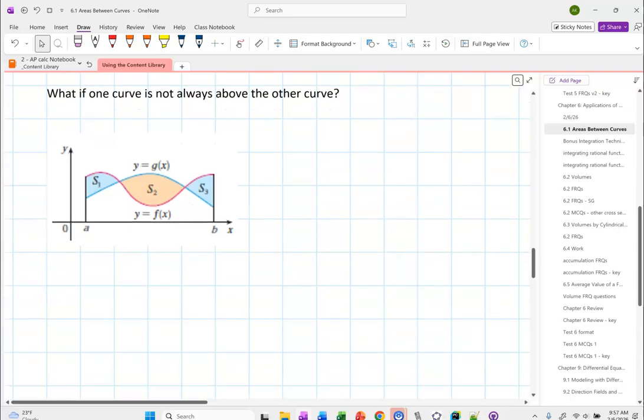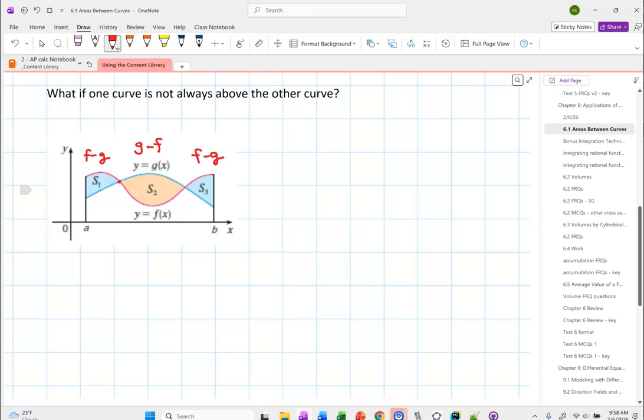Oh no, what if one curve isn't always above the other? So from here to here, we should have f minus g. From here to here, we'd have to have g minus f. And then here again, we'd have f minus g, right? Everybody agree? So we just break this integral into 3 pieces.